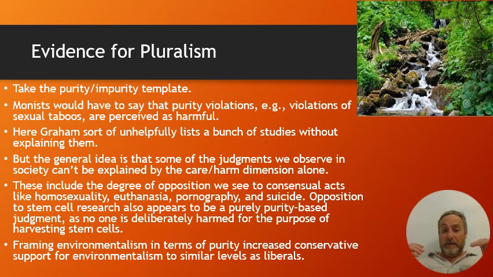So it's likely that conservatives, even in the U.S., are operating from a purity template. And environmentalism, conservatives can kind of go either way. They do enjoy nature and hunting and stuff, but they also tend to be against environmental regulations.